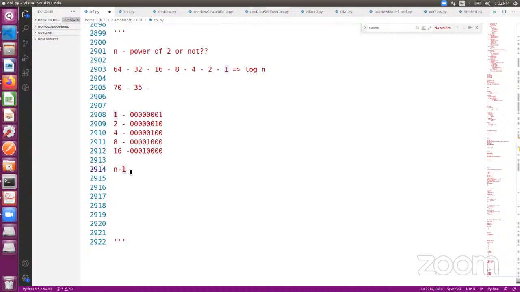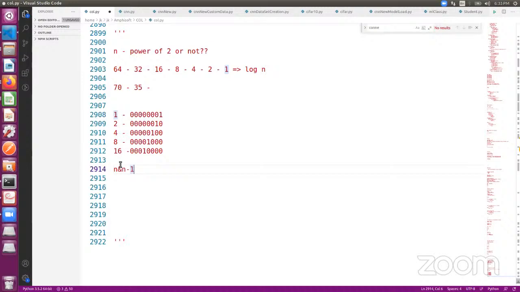So if you do an AND operation, n and n minus 1, what value will you get if it's a power of 2? 0 only, right?